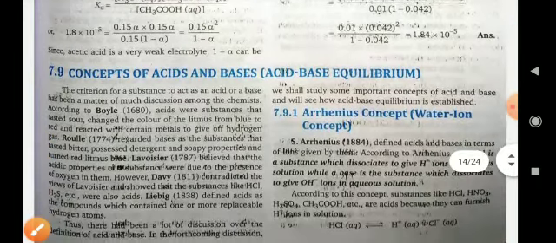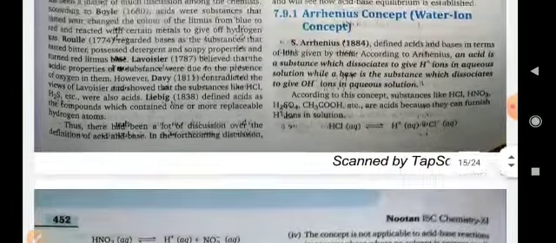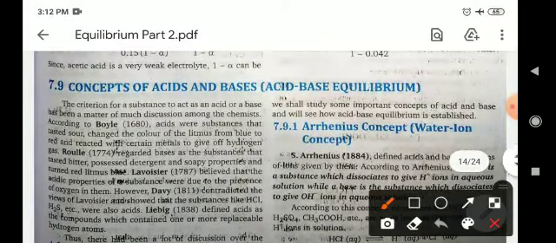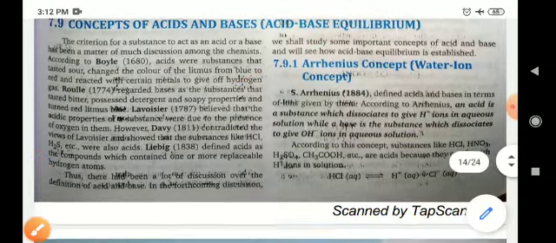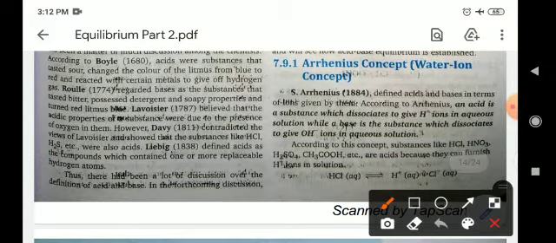Now, the concept of acids and bases. What are acids and what are bases? As we know, the acid and base concept is divided into three parts. Number one is the Arrhenius concept, the water ion concept. According to Arrhenius, acids are those substances which give H plus ions in aqueous medium.